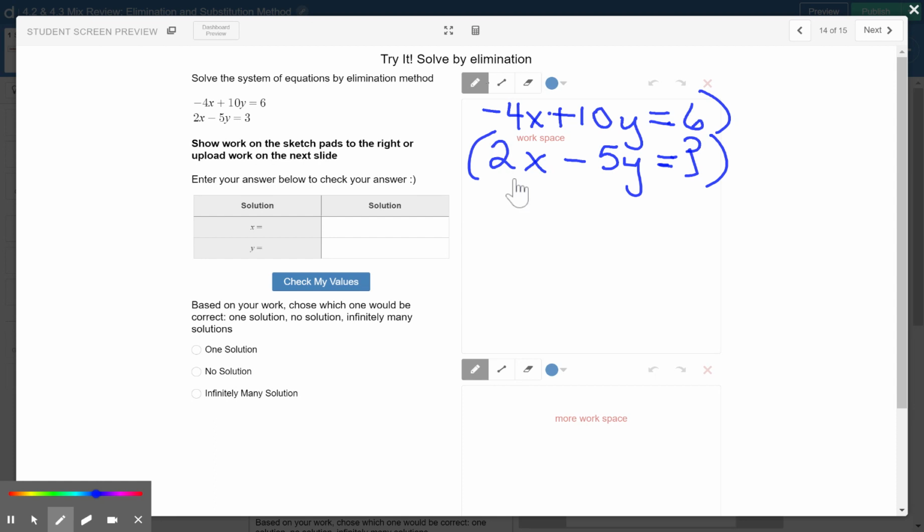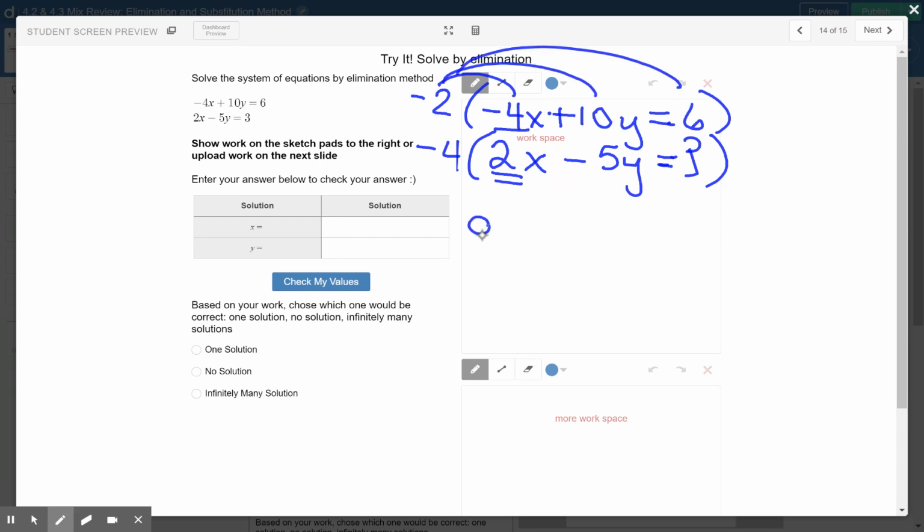And I always look at the first coefficient. So we have 2, so I'm going to make this negative 2. And I'm going to keep the negative 4 how it is. And then I'm going to distribute. Be careful and mindful of negative and a negative is a positive. Negative and a positive is a negative 20y. And then equals negative 12.